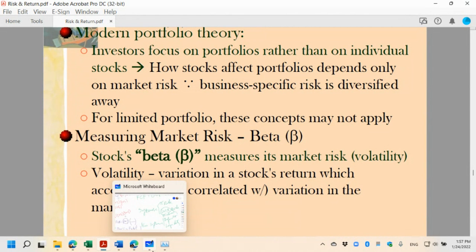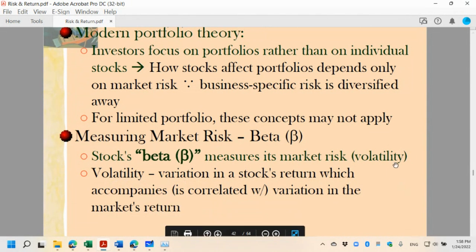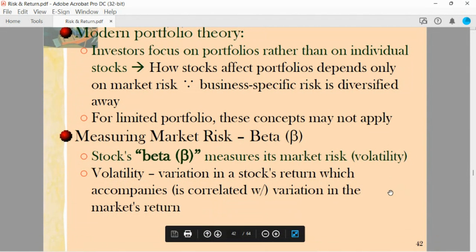That's when Apple's beta is 1. If Apple's beta is 2, that means when the market S&P 500 drops by 5%, Apple will drop by 10%. And when S&P 500's return goes up by 5%, Apple's return goes up by 10%, right? So in other words, the higher the beta, think about it.